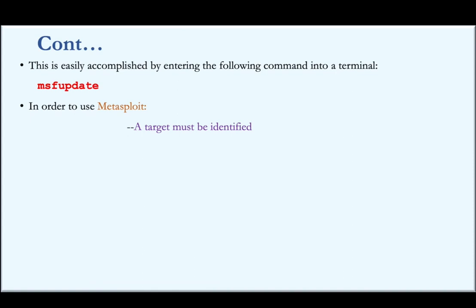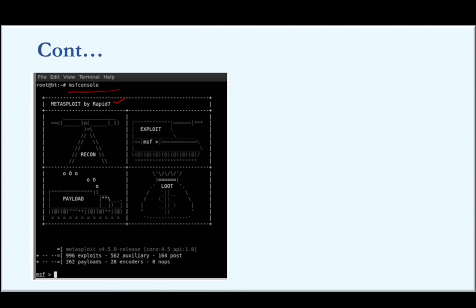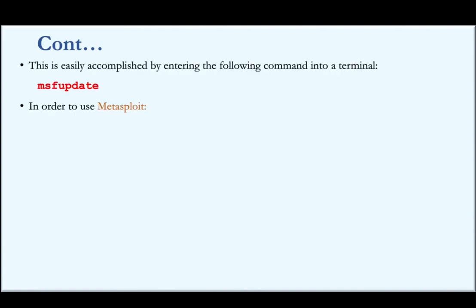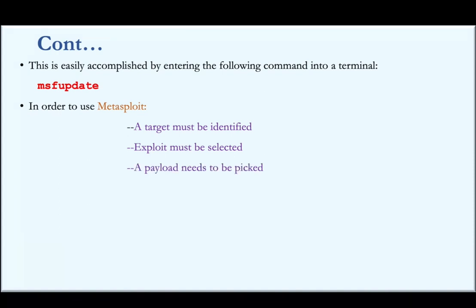Then you must identify the exploit. In this example, there are 996 exploits. Out of that, you need to identify which exploit is required. The exploit must be selected. Once the exploit is selected, for the exploitation to execute the code on the target machine or remote host, a payload is required. That payload needs to be picked up.